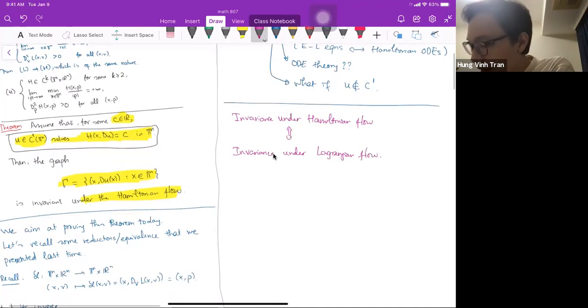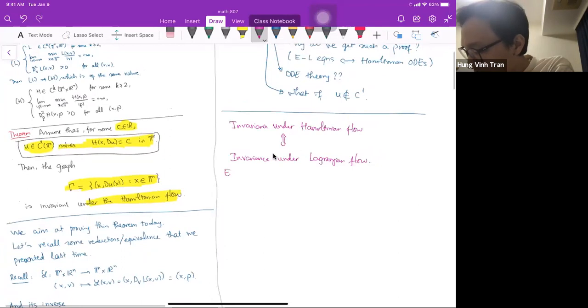Earlier, if we had U in C2, then we used the Hamiltonian framework. I'm not going to recall the whole proof, but we have H of x, du equal to C, then we can differentiate in x.